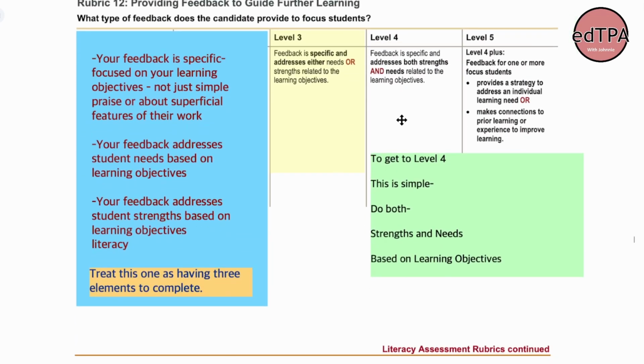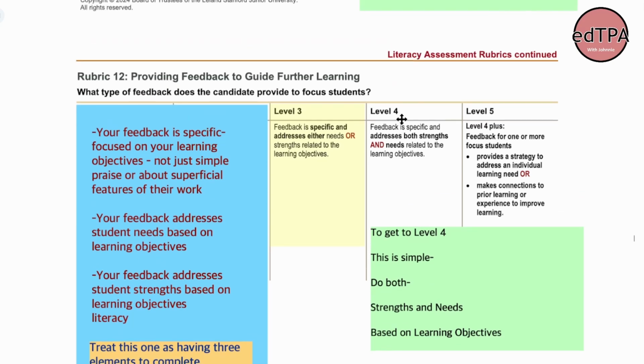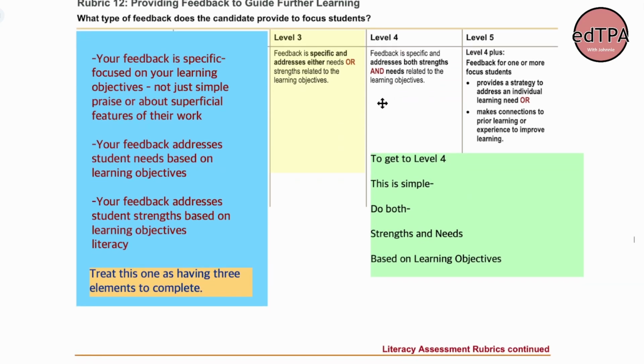Let's go to rubric 12. What type of feedback does the candidate provide to focus students? The focus here is on feedback. For level 3, feedback is specific and addresses either needs or strengths related to the learning objectives. Either needs or strengths.